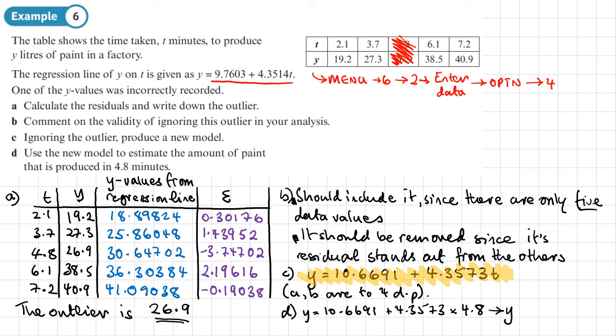Let's see what we get for a value of Y. And that gives us 31.58414 litres. So we give that to 3 significant figures. So we'll do that as 31.6 litres. And we'll just highlight that there.